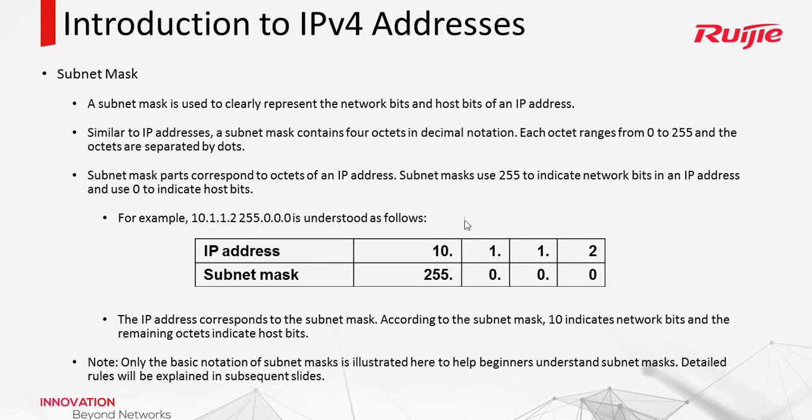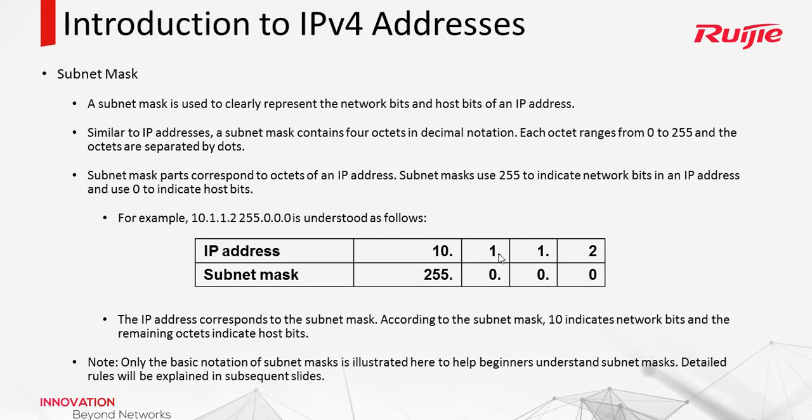In this format, it means the 10 will be the network bits, because the subnet mask 255 means all of them are 11111111. It means this is the network bits, but the others are 000.